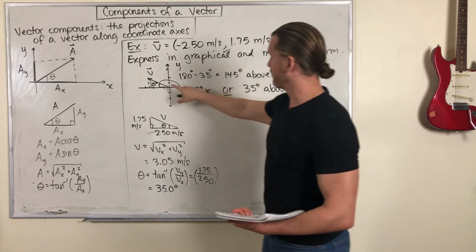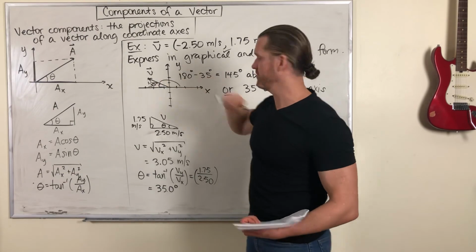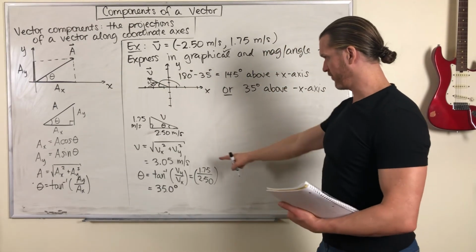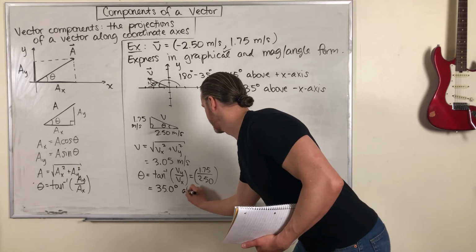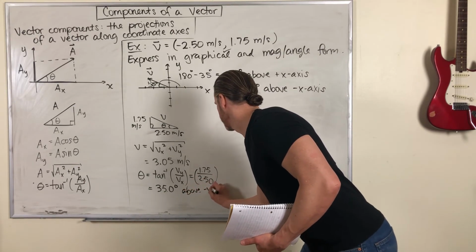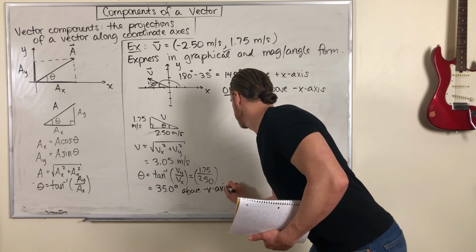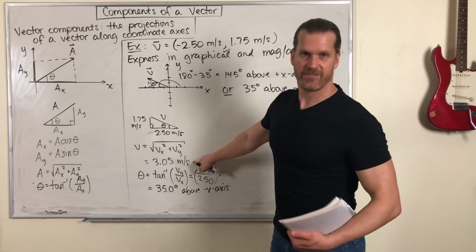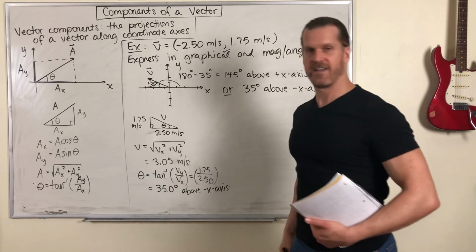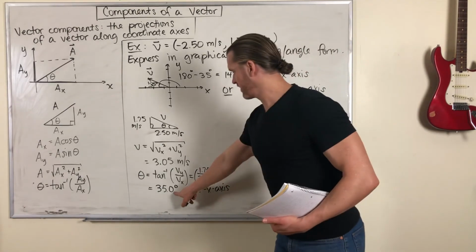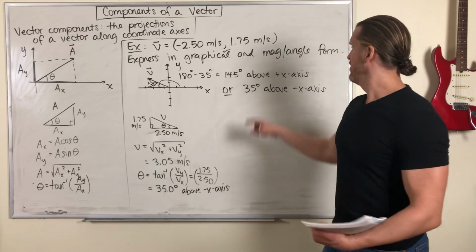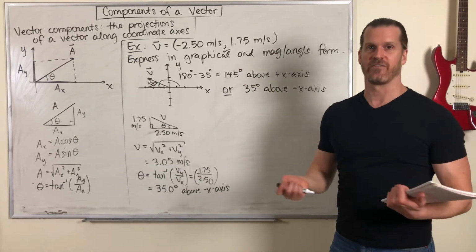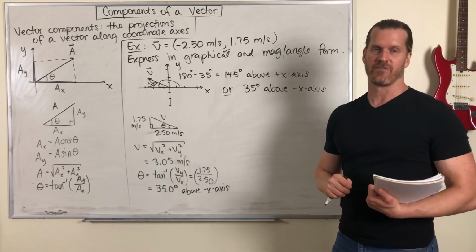We expressed it in graphical form by drawing a picture, and we've now also expressed it in magnitude angle form, by finding its length, 3.05 meters per second, and finding that angle, whether you want to call it 35 degrees above negative x or 145 above positive x, either way is okay for expressing the angle.